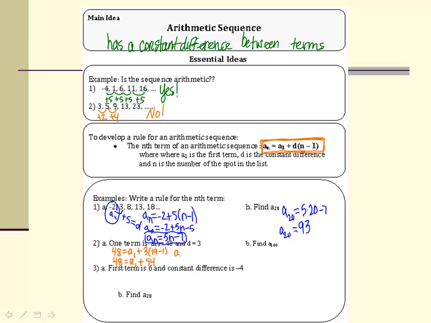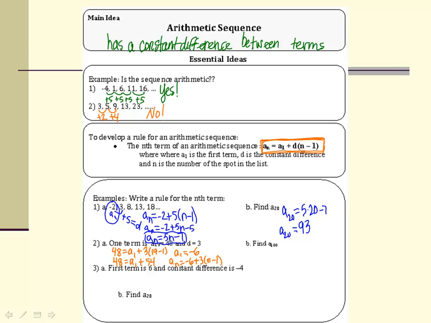So solving this for a sub 1, if you subtract 54 from both sides, a sub 1 is -6. So we can write our equation here. Our equation is going to be a sub n equals -6 plus 3 times the quantity n minus 1.